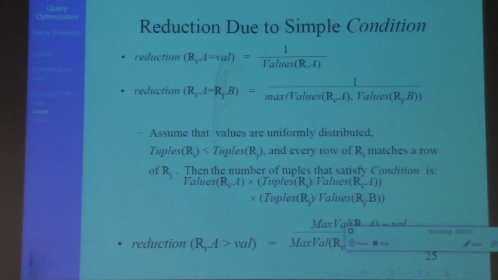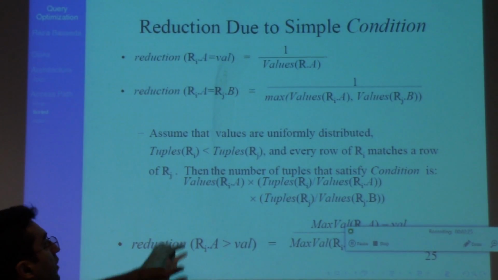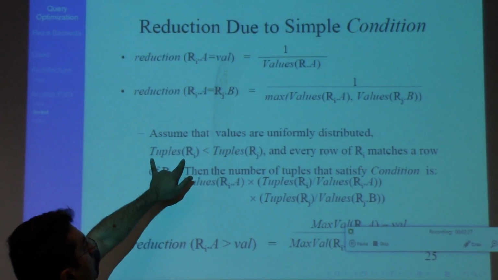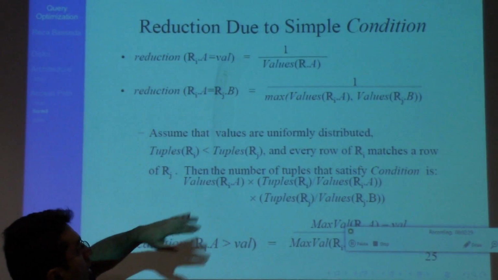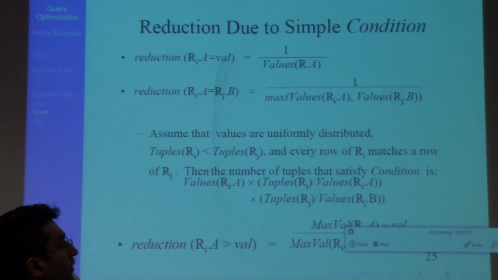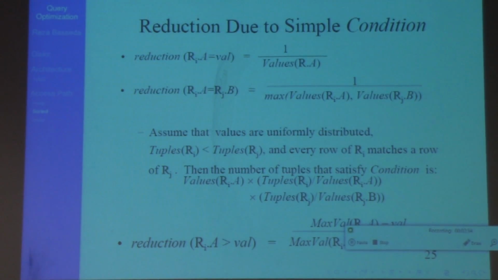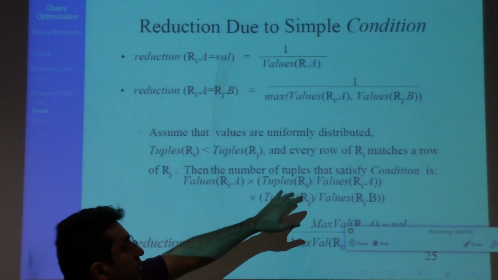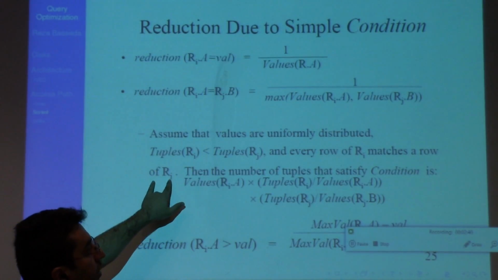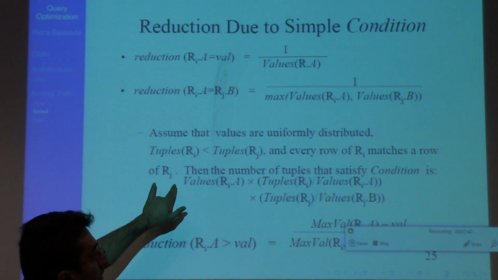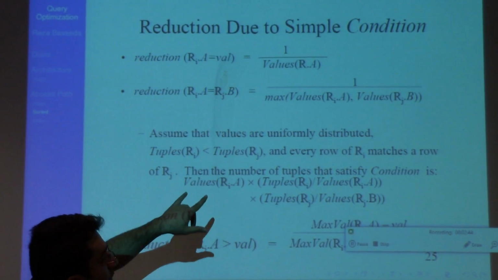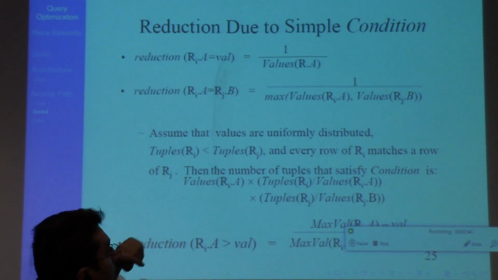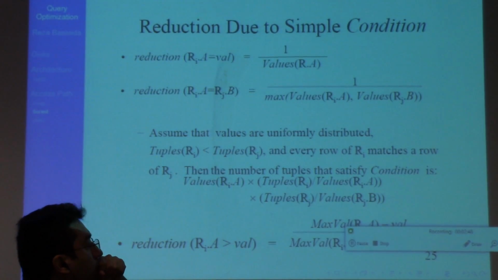Without loss of generality, we assume that the number of the tuples of Ri is less than the number of the tuples of Rj. And in the worst case, for every row of Ri, there is a matching row of Rj. So at least there is a row of Rj which is matching with Ri.